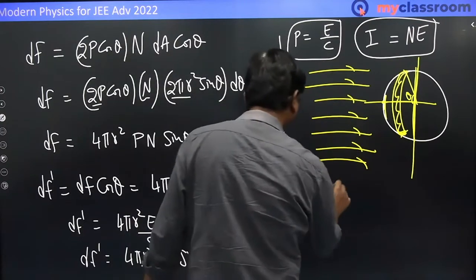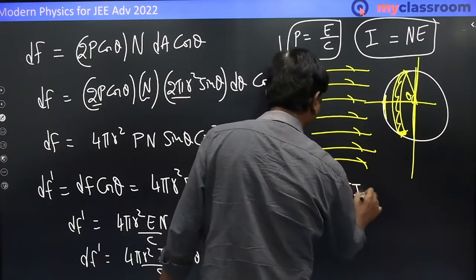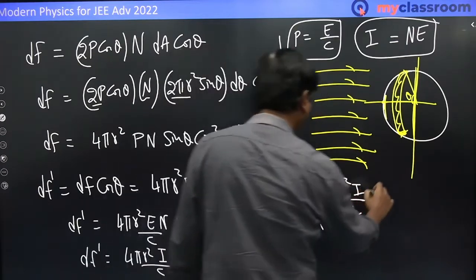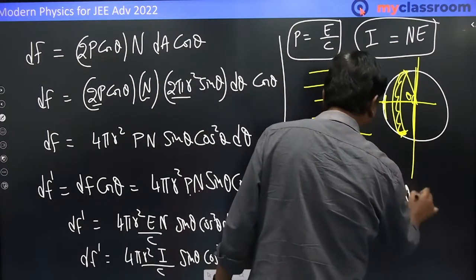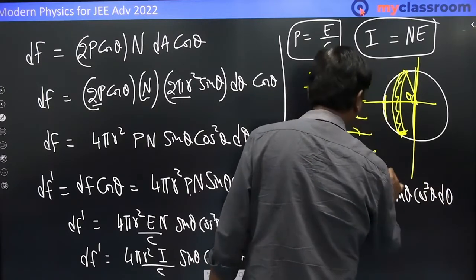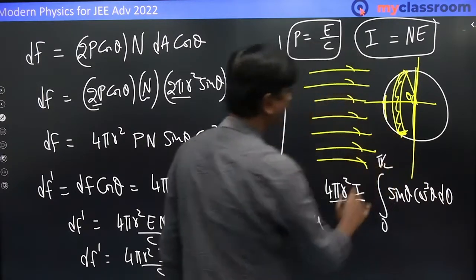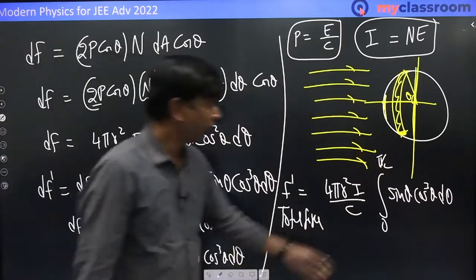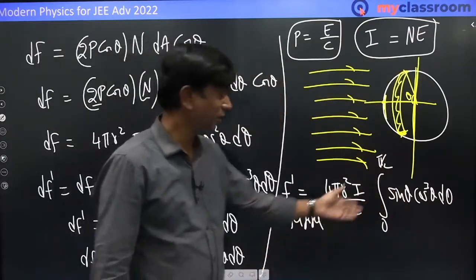Okay, so 4 pi r square I by c, into the integration of sin theta into cos cube theta into d theta from 0 to pi by 2. And we know how to integrate this sin theta cos cube theta d theta.